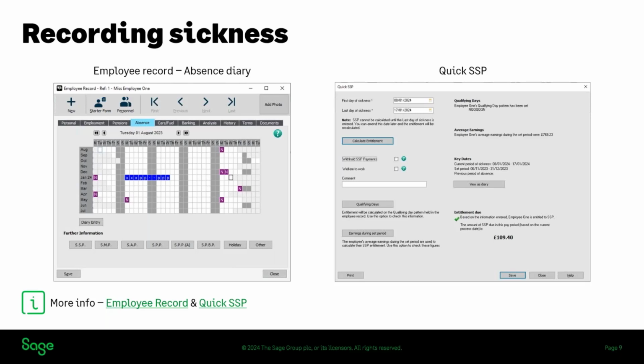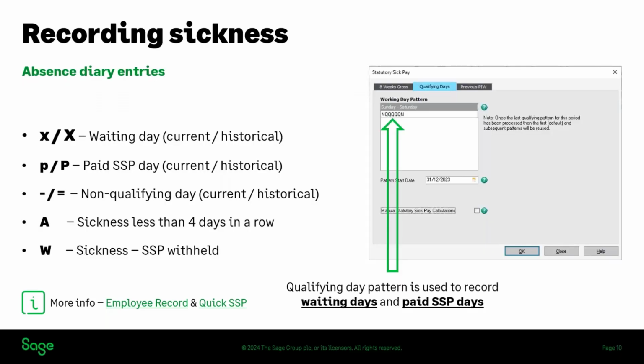Now, whichever way you record the sickness, it's going to create some entries on the absence diary. So I just wanted to explain what the different symbols mean, and you'll see these when we go into the demonstration. So the first one is the letter X, and that would indicate a waiting day, so one of the first 3 qualifying days of sickness in a PIW.